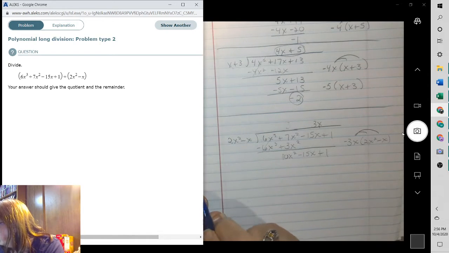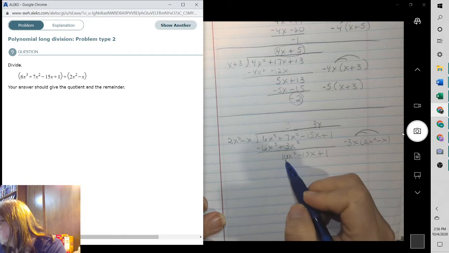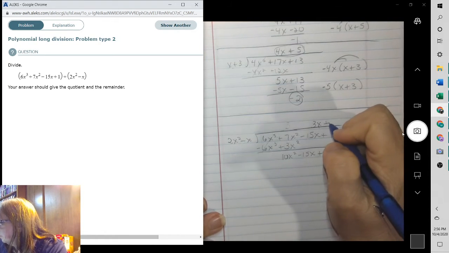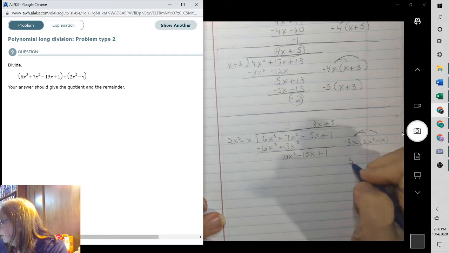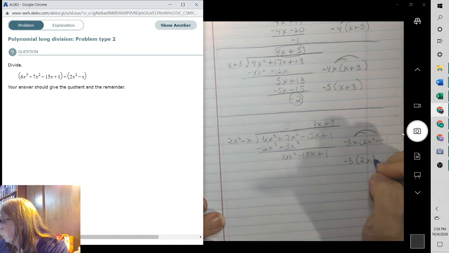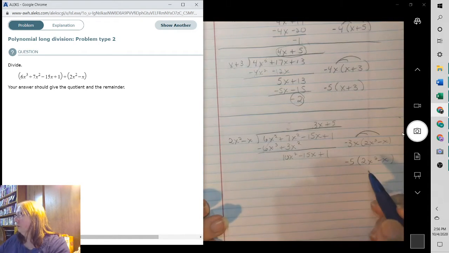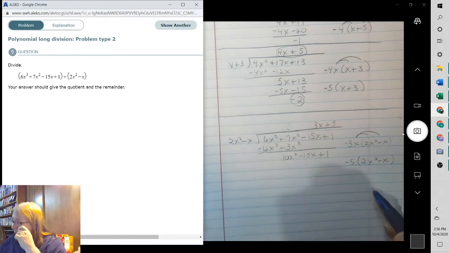I'm going to divide again. What do I need to multiply 2x squared by to get 10x squared? Well, I already have the x squared, so I only need a 5. So I'm going to take 5 and subtract it after I distribute it through. I put the minus because I'm subtracting.